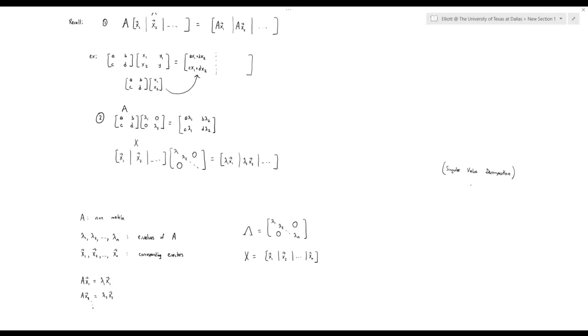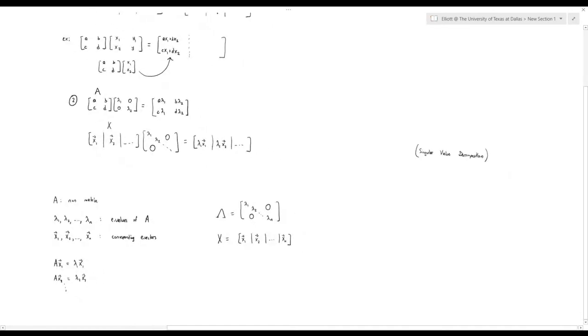So you order them from largest to smallest, and for the really small ones, you can sometimes just ignore them because they're not relevant. So I can do a brief detour: singular value decomposition.